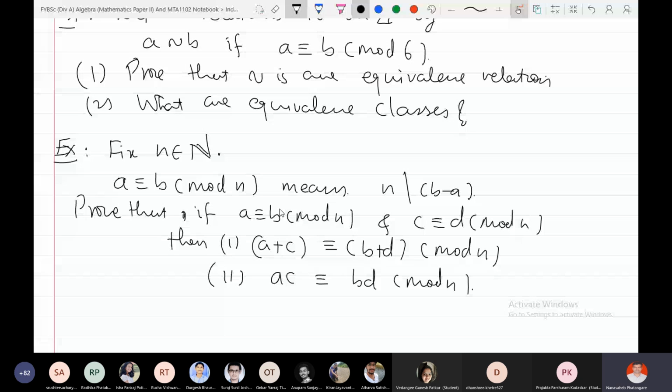This is very simple. When I say A congruent to B modulo n, n is a factor of B minus A, and C congruent to D modulo n means the same n is a factor of D minus C. From that you check that n is a factor of (A plus C) minus (B plus D) and AC minus BD. So the question is clear.